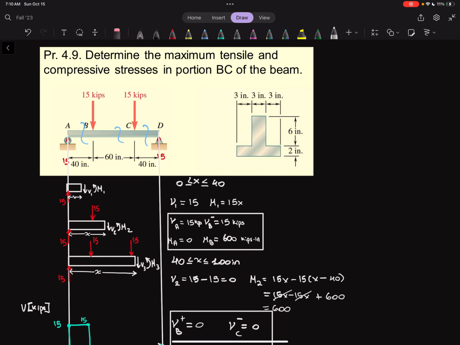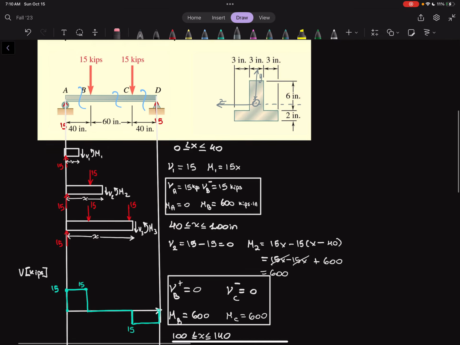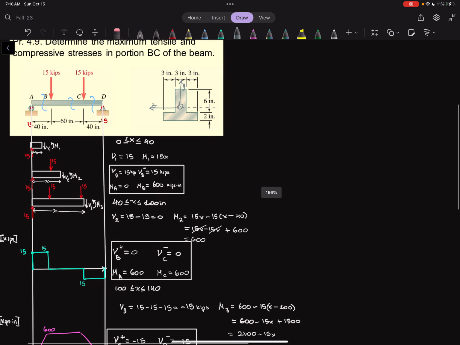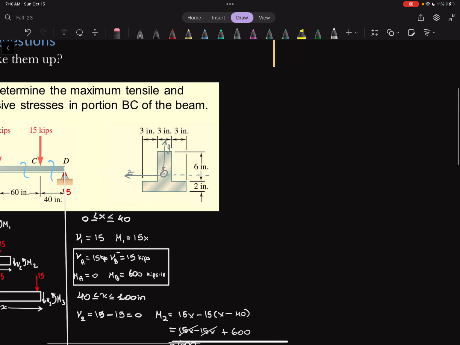Now, the x-axis is coming out like this. This is my x-axis. My y-axis is going up. So you use the right-hand rule, and this is your z-axis. So we have to find the moment of inertia about that. So how are we going to do that? Let's do that right here.